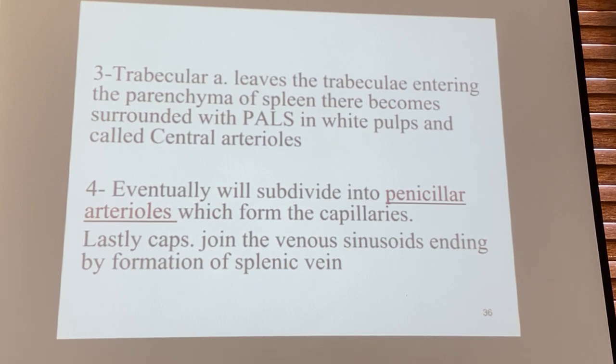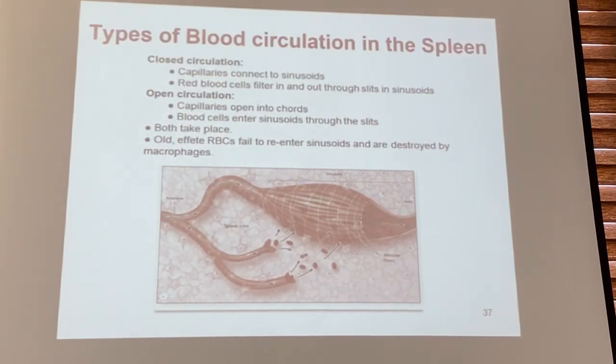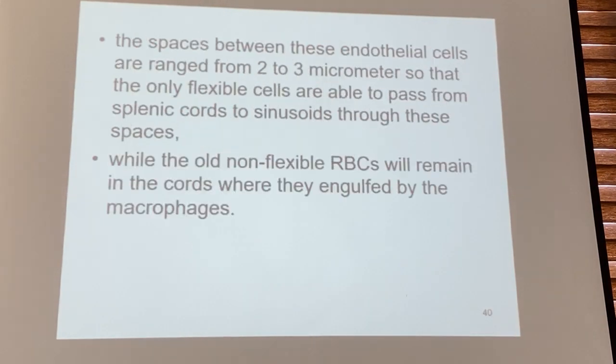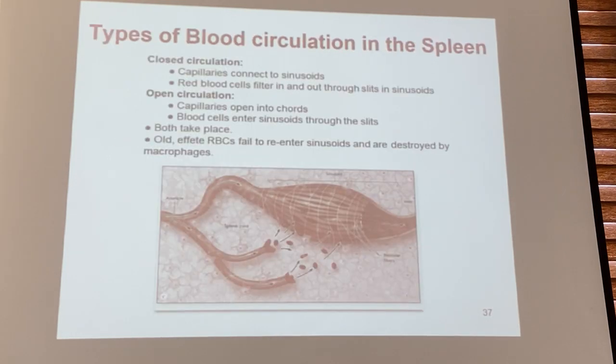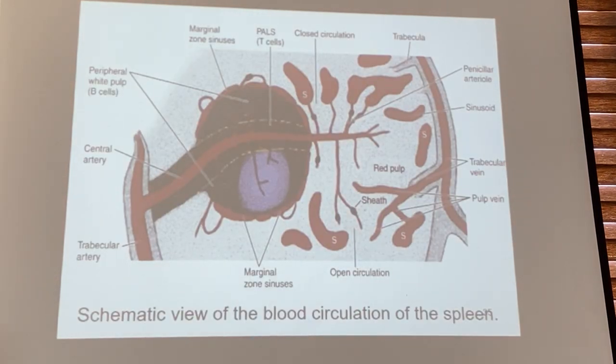But it is important to know that the splenic artery gives rise to the trabecular artery. The trabecular artery gives rise to the central artery. The central artery, when it leaves the white pulp, gives rise to these penicillar arterioles.